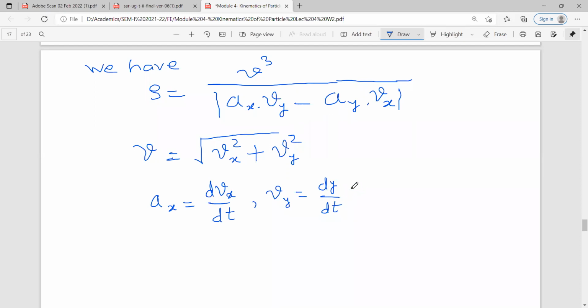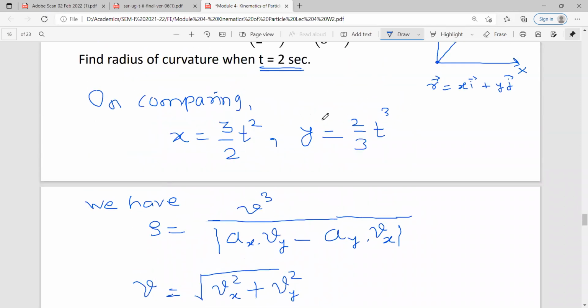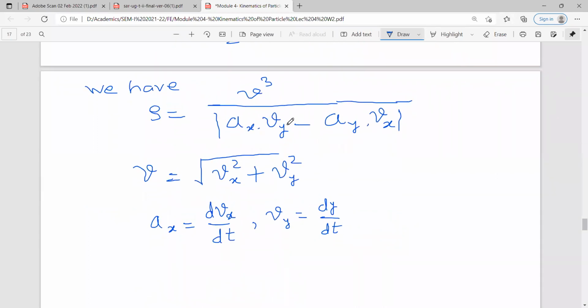dy by dt. So the formula of y is here. You can easily calculate dy by dt. dy by dt will be 3 will come here, 2t square will come like that. What else is there? ay.